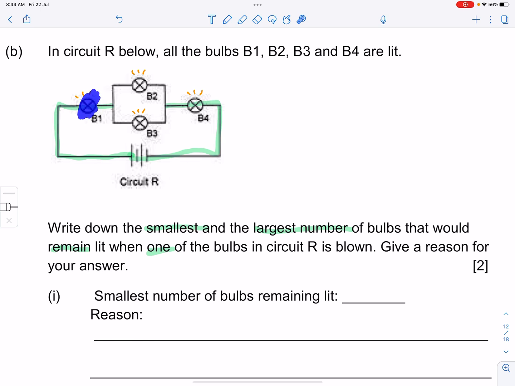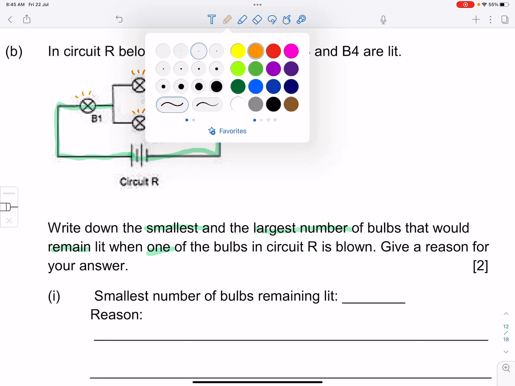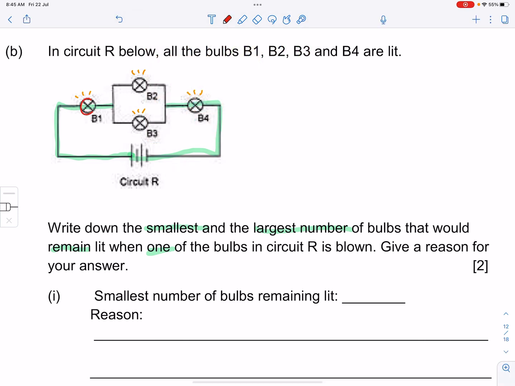And if B4 is blown, the same thing happens. Your electric current can no longer return to your battery source. So because of that, there is no complete circuit for any one of these bulbs. Okay? So I'm going to use red color to code this, so you know. So therefore, the smallest number of bulbs remaining is 0.